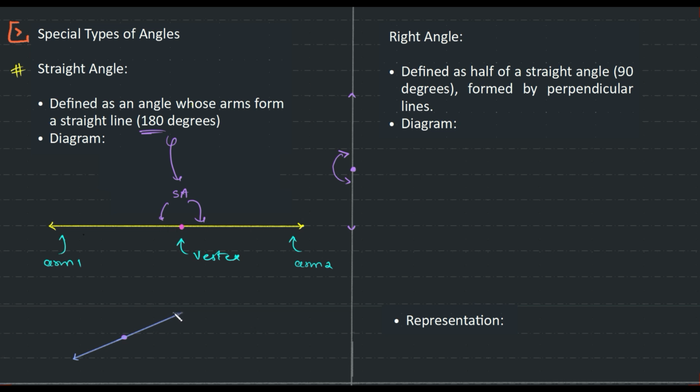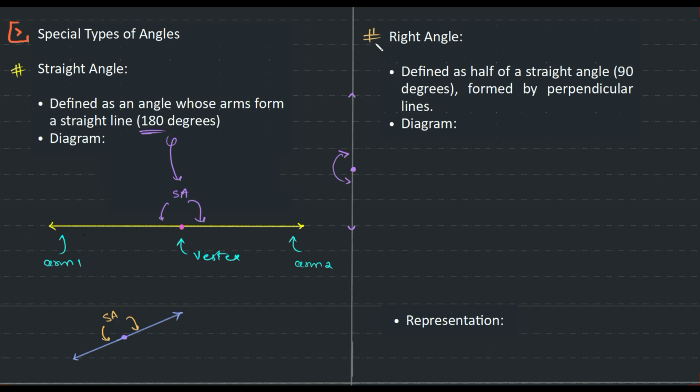So it's basically in the same line, right? It's an extension, but on the other side. This is again a straight angle. So there are many ways of thinking about straight angles. So I'm just showing all of them. So this is a straight angle. Okay, it's as simple as that.